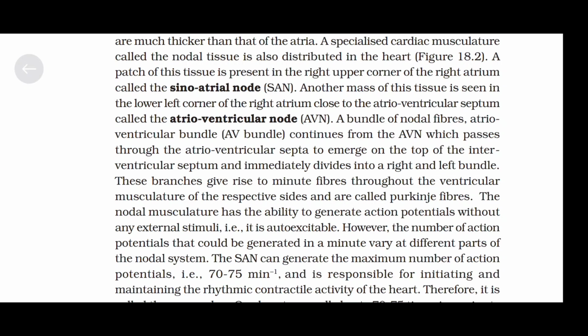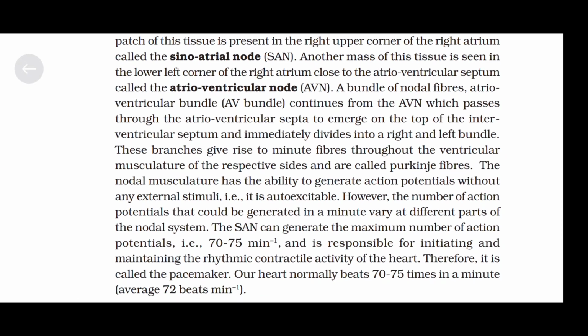The nodal musculature has the ability to generate action potentials without any external stimuli. That is, it is auto-excitable. However, the number of action potentials that could be generated in a minute vary at different parts of the nodal system.